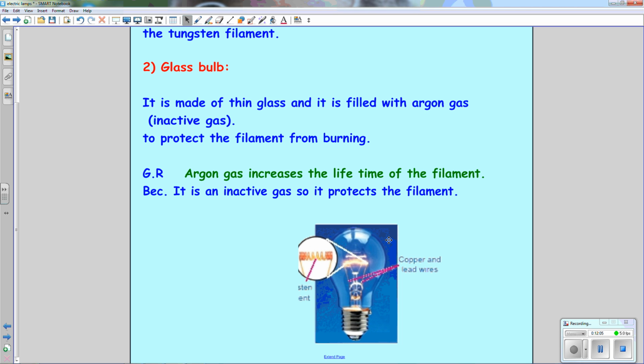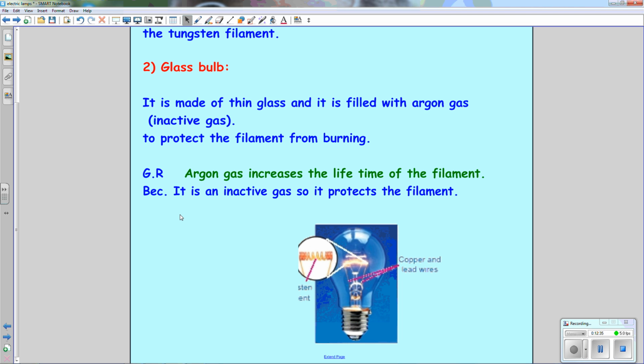And we remember that oxygen helps in burning. So to isolate the filament from oxygen, we use thin glass filled with argon gas. Argon gas is an inactive gas, so it protects the filament from burning.